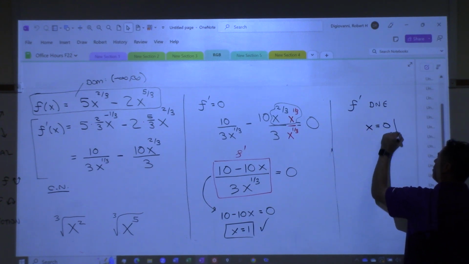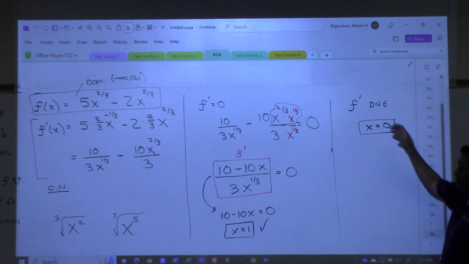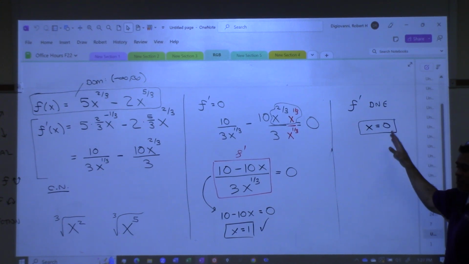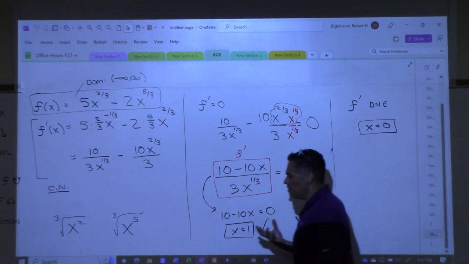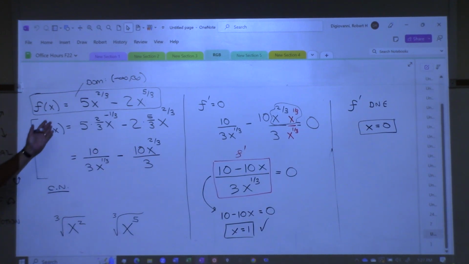Since x can't be 0, 0 is a critical number because it's screwing up my derivative. That number makes my derivative not exist. So it's a critical number. And of course, 0 is in the domain of the original function because we already said the domain is everything. Y'all good? Any questions?